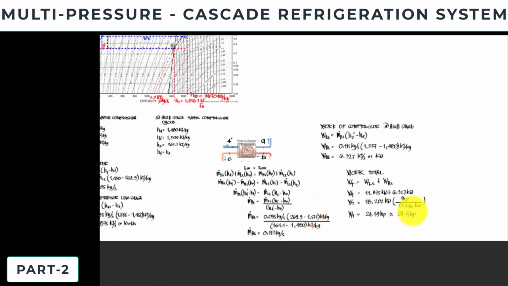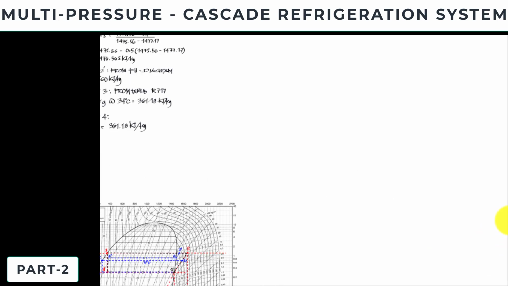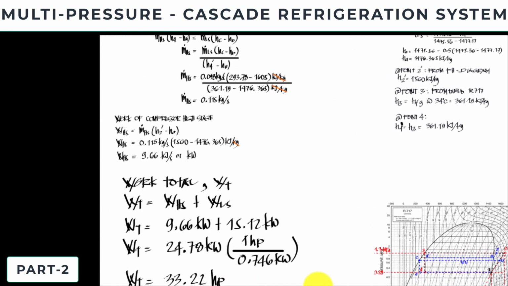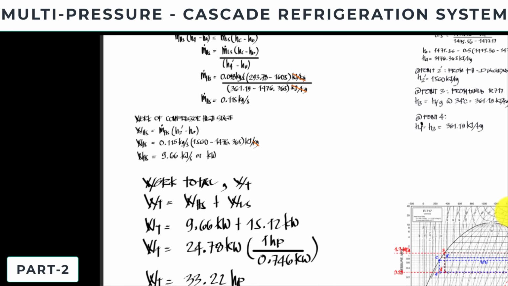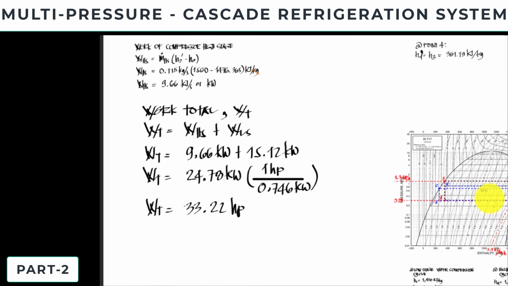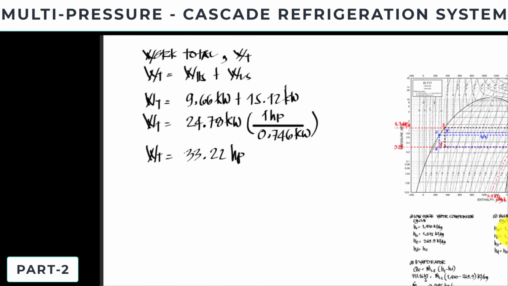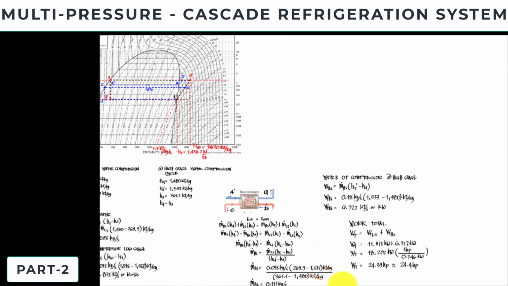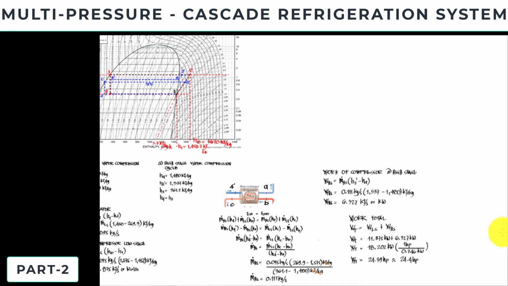Now, comparing with what we computed previously, the total work was 33.22 horsepower. So you can see the savings of work when there is no overlapping of temperature, by means of the energy balance.